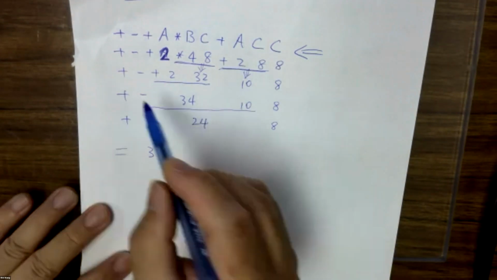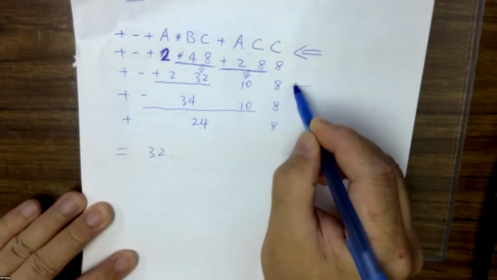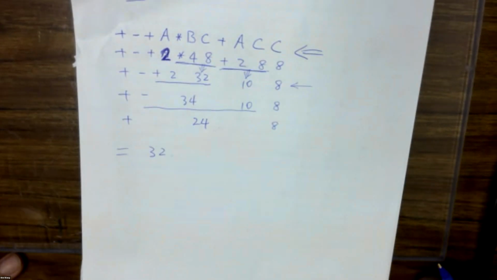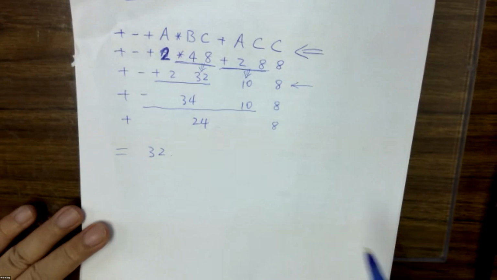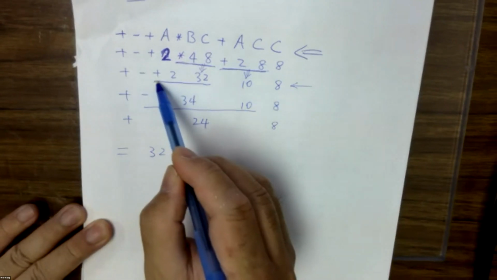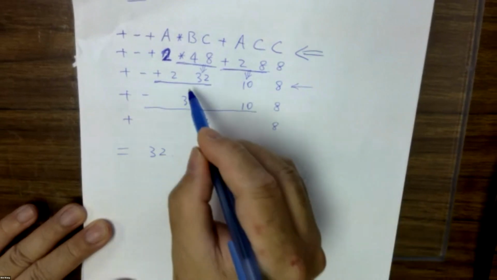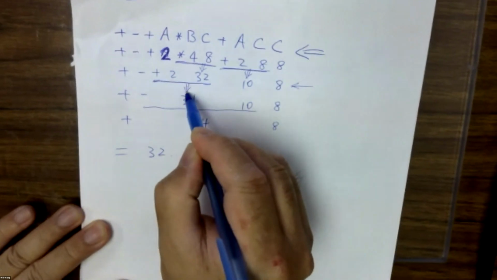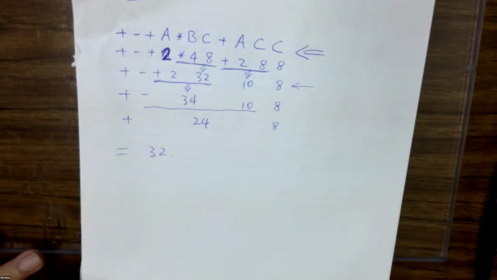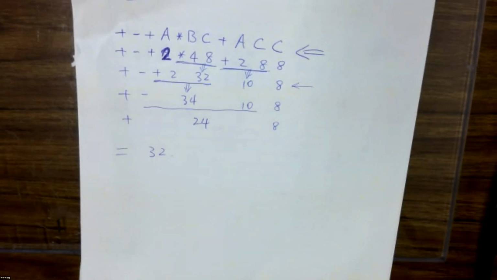And now this is the expression. In there, we again have the addition leading 2 numbers. We can do that. That gave us 34. And all the rest are the same.